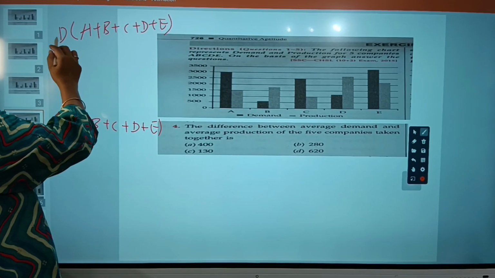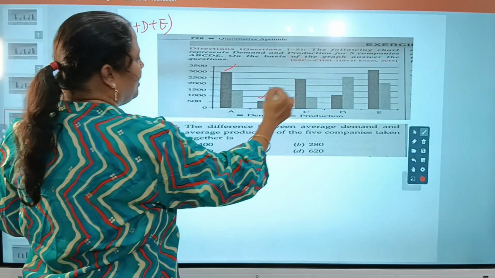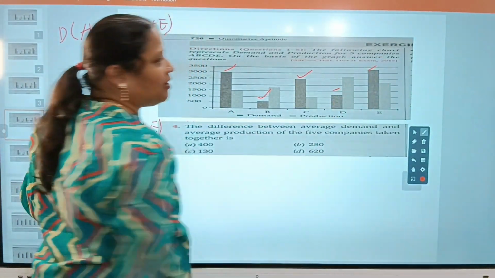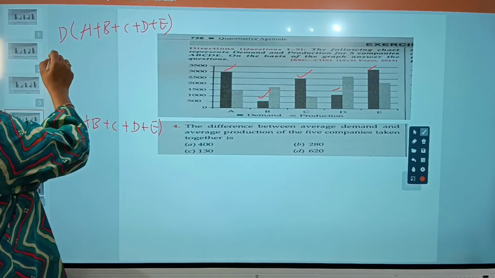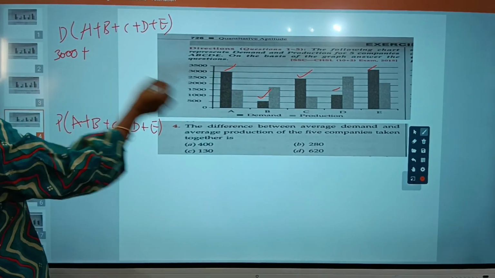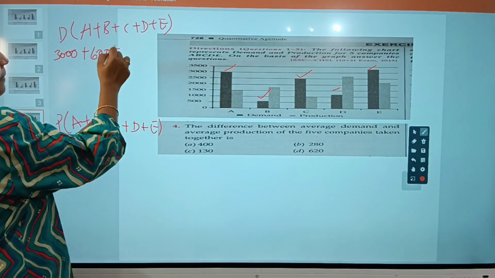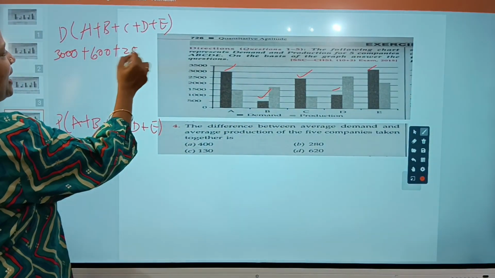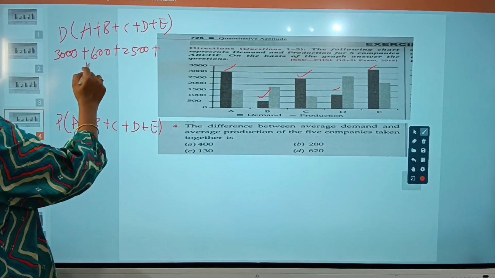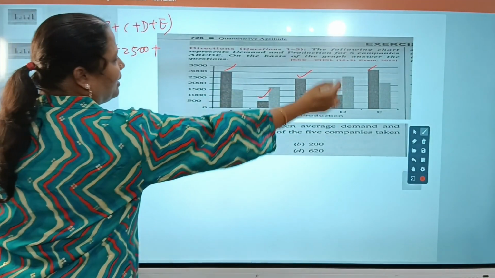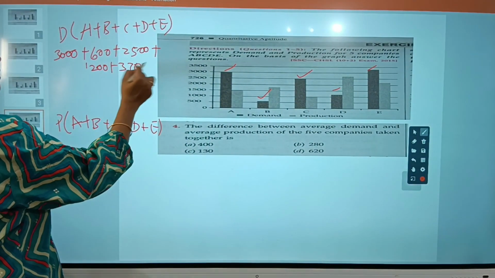First of all, we take demands, means black part of the bar graph value. So for A it is 3000 plus B it is 600 plus C it is 2500 plus for D it is around 1200. For E it is 3300.